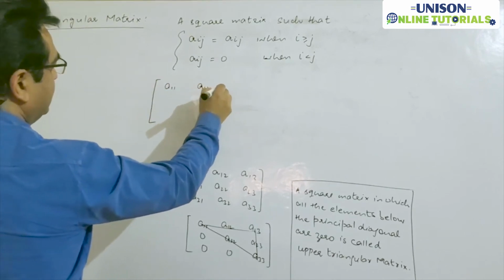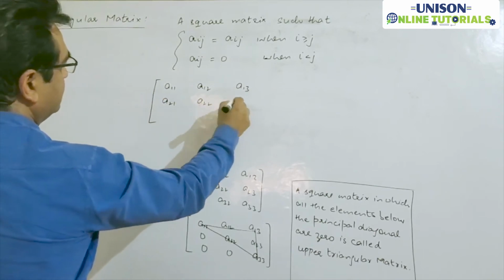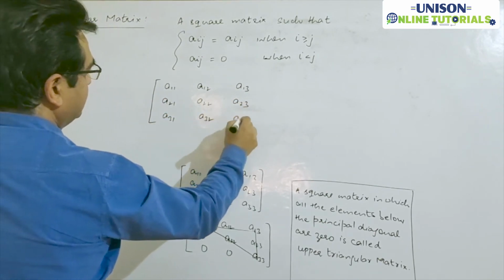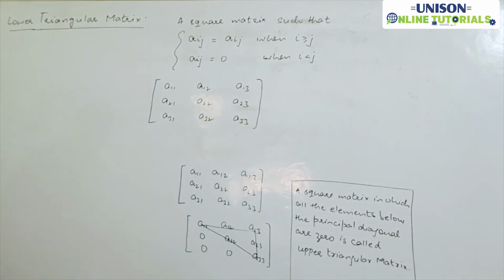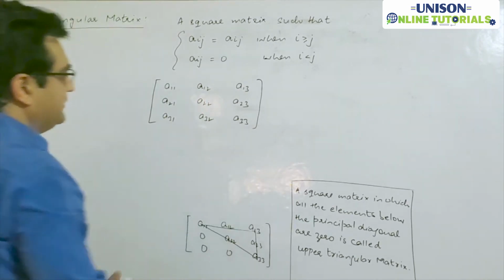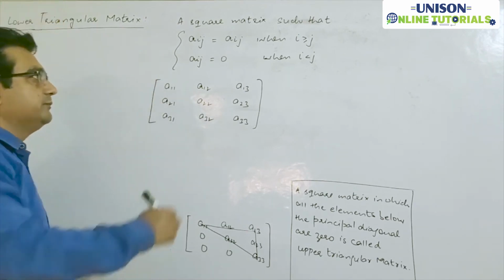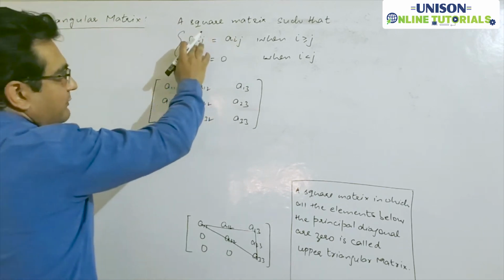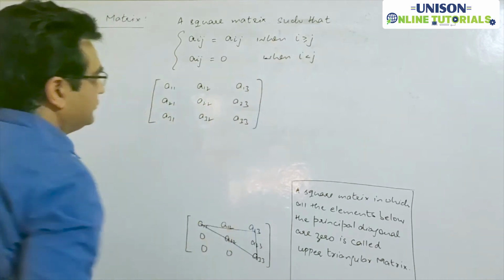A11, A12, A13, A21, A22, A23, A31, A32, A33. हमने एक ये मैट्रिक्स कंसीडर किया जनरल. अब इसमें ये वाली कंडीशन अप्लाई करते हैं जो कि डेफिनेशन है लोअर ट्रायंगुलर की, कि Aij will remain, the element will remain the same element when i is greater than or equal to j.